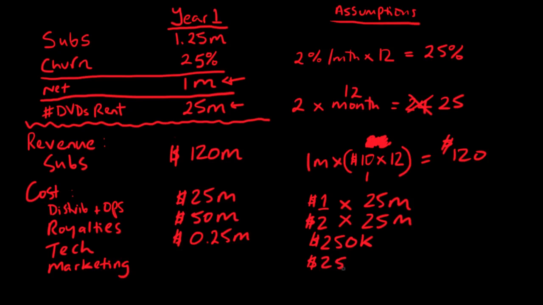So that is $25 times our gross number of subscribers, because even though we lost them, we still had to pay for them. We lost 25%, but we still had to pay for the whole figure, so that's 25 times 1.5 million, and I think my math is correct there.